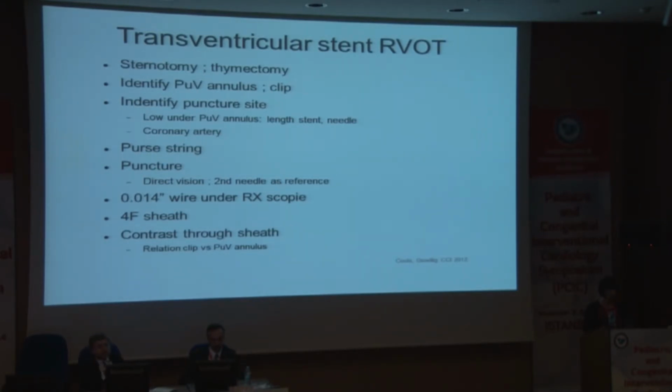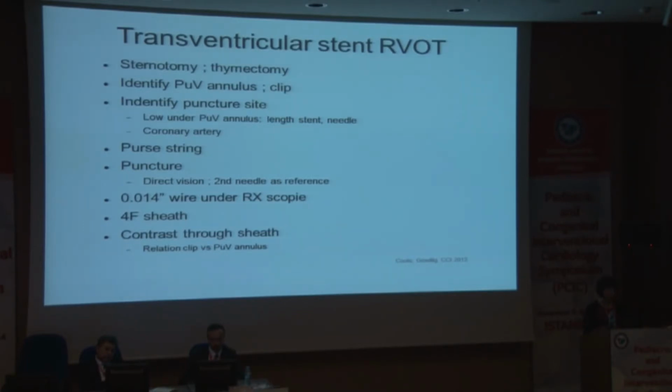So the surgeon puts a purse string in the right ventricle on the puncture site. And then again, direct vision. Often we use a second needle on the outside as a reference to see in which direction we should puncture. A coronary wire is placed. The sheath through which you are going to place your stent is placed.